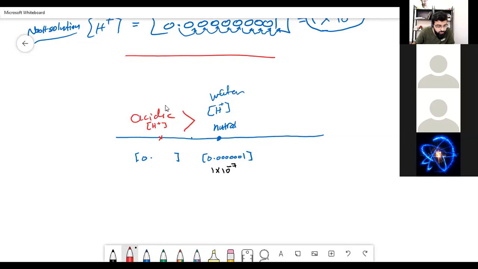So the number should be bigger, for example 0.0001. This number is greater than the H plus concentration in water.